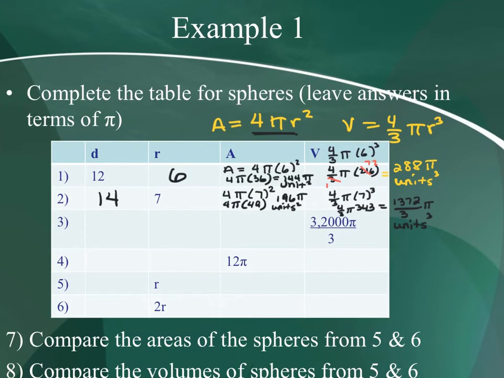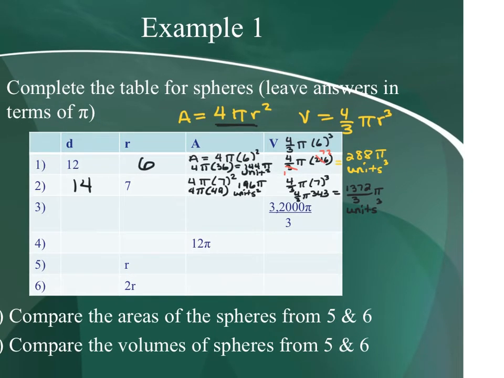Left in terms of pi, you would leave it like that. We could divide 1,372 by 3, but we probably wouldn't, because we'd end up getting 457 and 1/3 pi units cubed. So I would just leave it like that over 3.